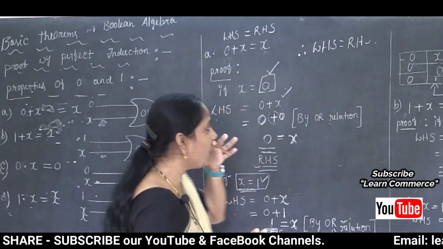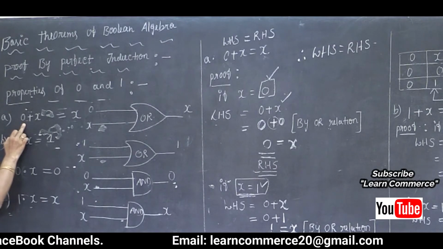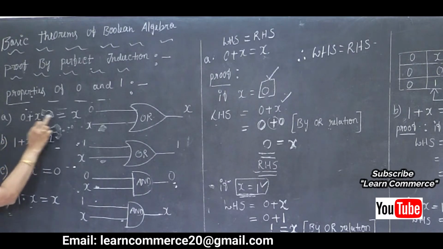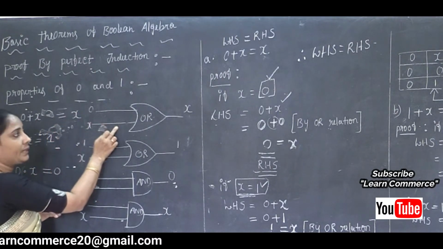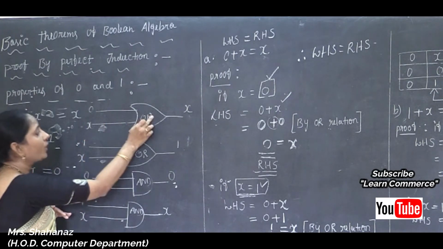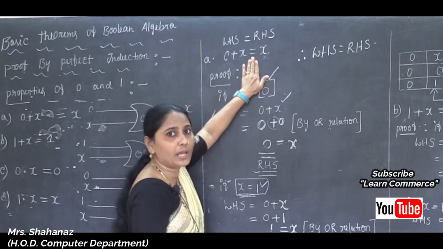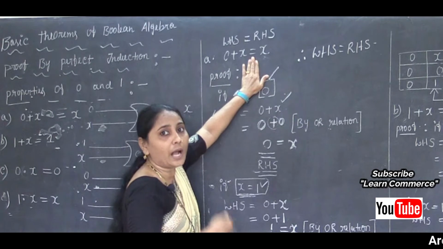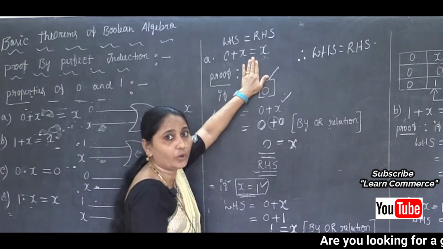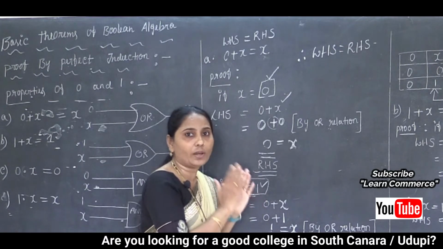Clear this point? First of all I selected option A, in which 0 plus x is equal to x. Later I completed the symbol for 0 plus x, 0 OR x is equal to x, and by using the left hand side value and the right hand side value I checked whether both values are equal or not.